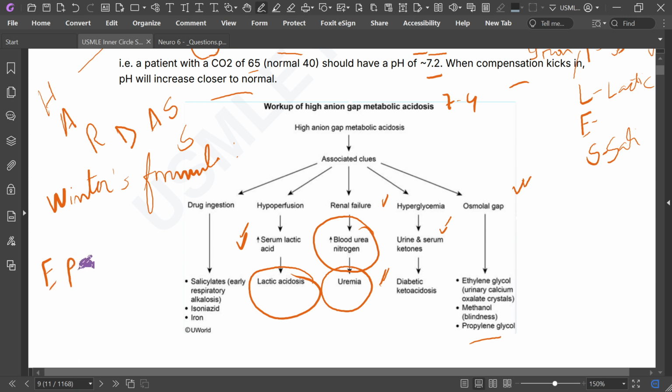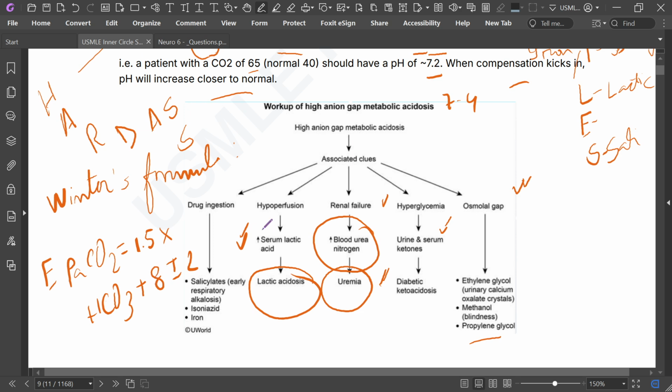Expected PaCO2, the expected partial pressure of carbon dioxide, equals 1.5 times bicarbonate plus 8, plus or minus 2. This is Winter's formula.